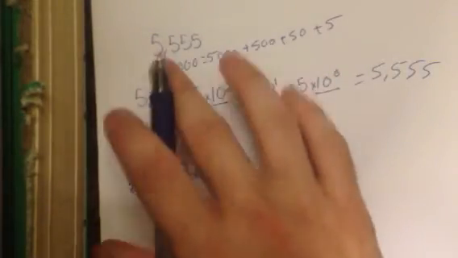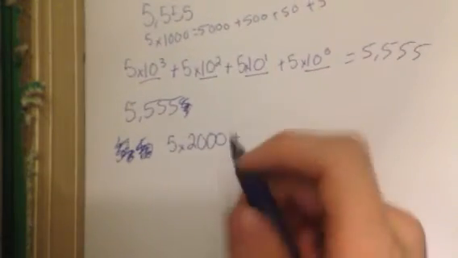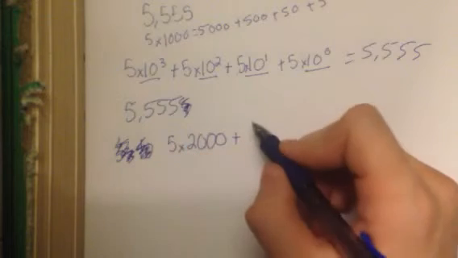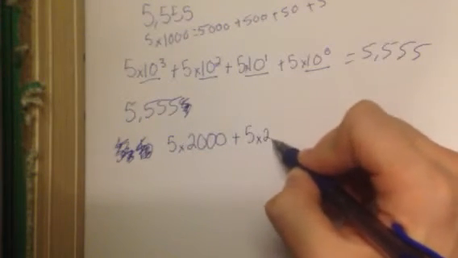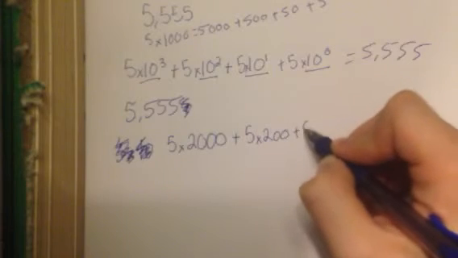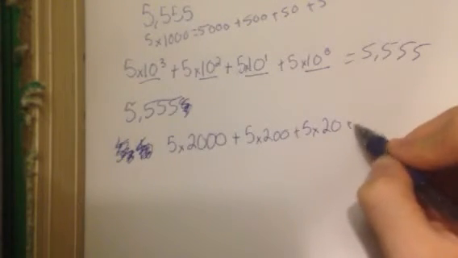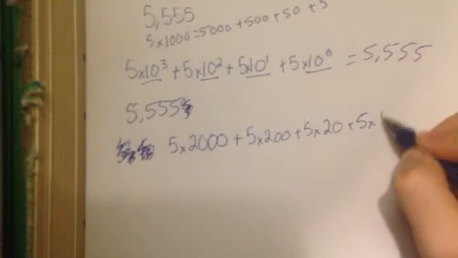That's what that number really represents, each place value. And that's why that 0 is so important. So if we keep writing this one out, it'd be 5 times 200 plus 5 times 20 plus 5 times 1.